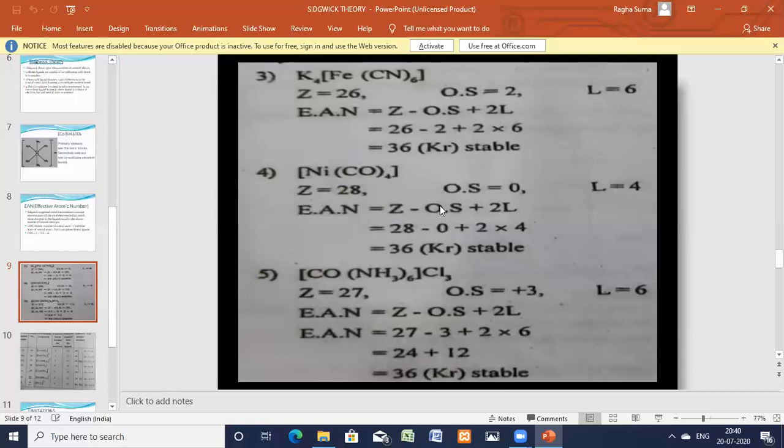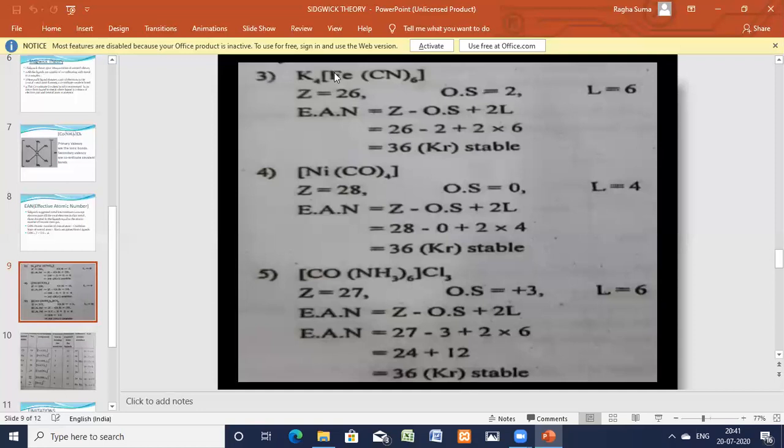So these are highly stable complexes because the central metal ion is accepting the electrons from the ligand until it gets the stable inert gas configuration.